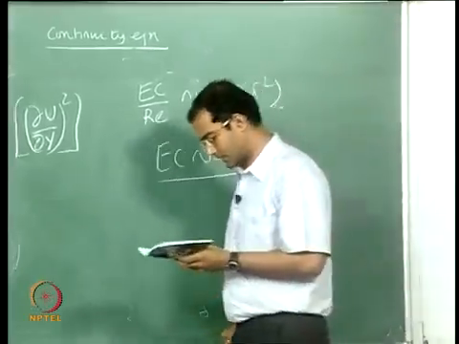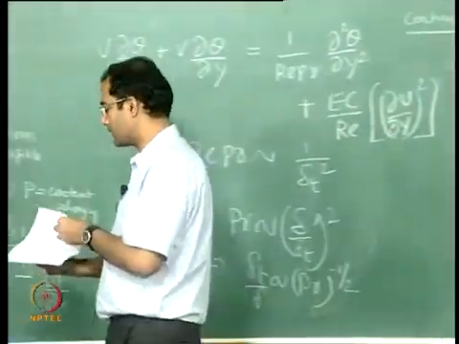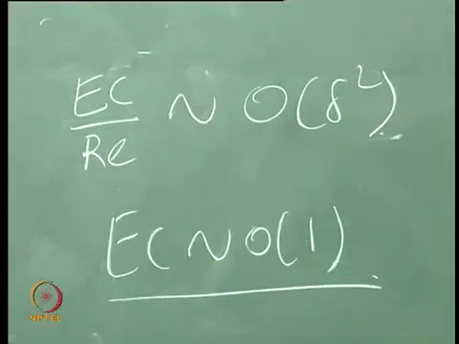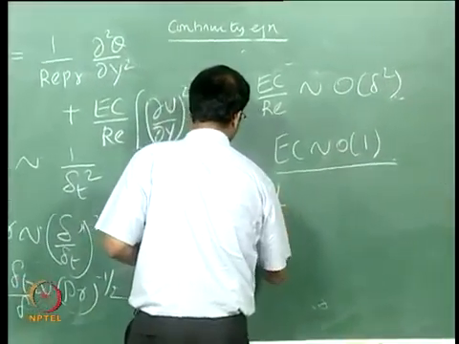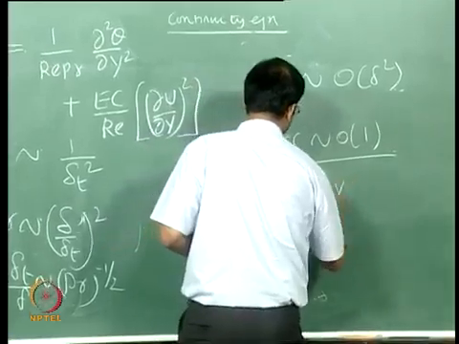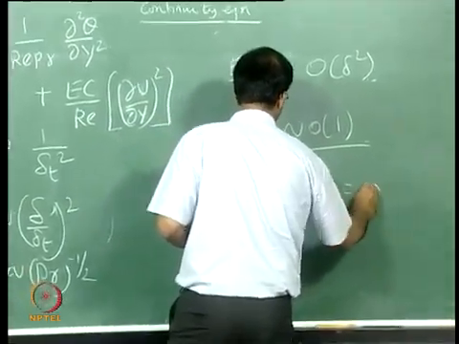Okay, so this finally will give you the boundary layer equations, which I am going to summarize and stop here. After all these approximations, this is the final set of terms that you are going to retain.